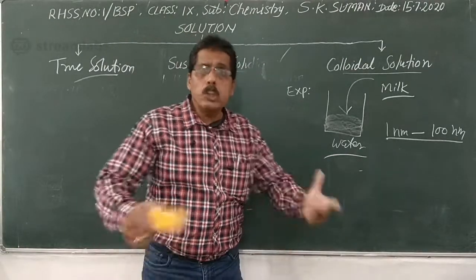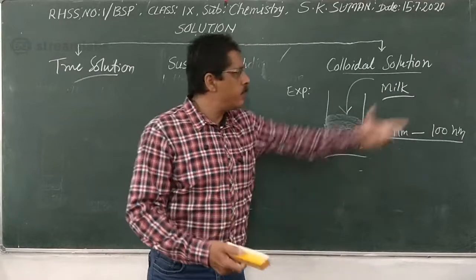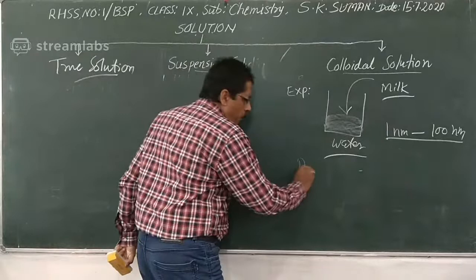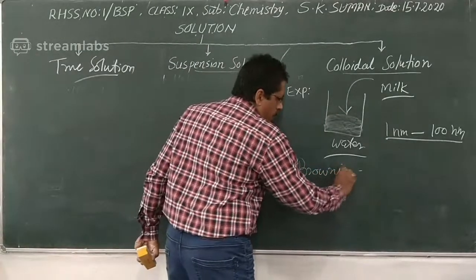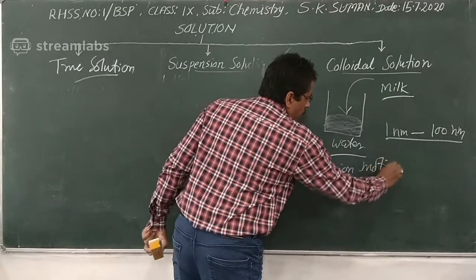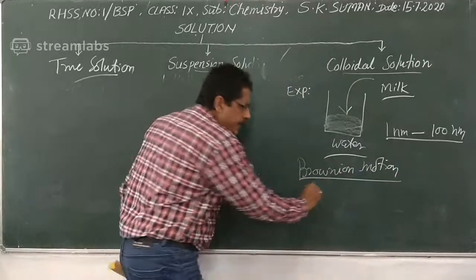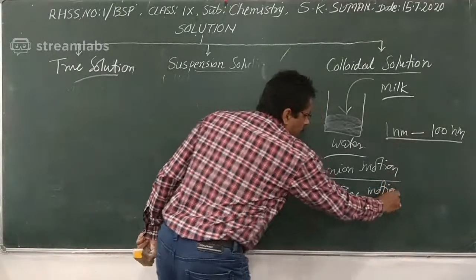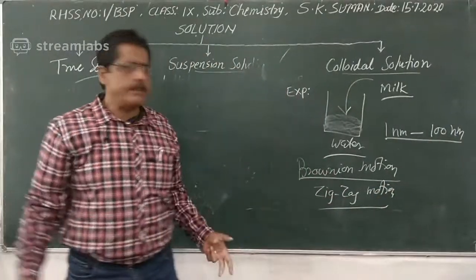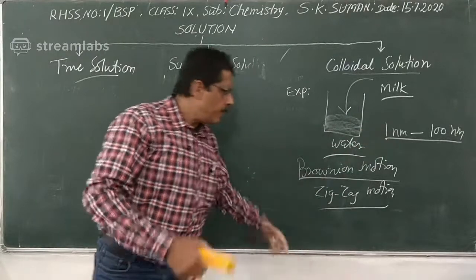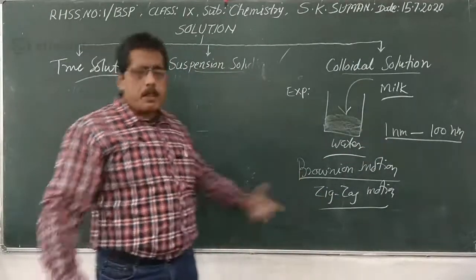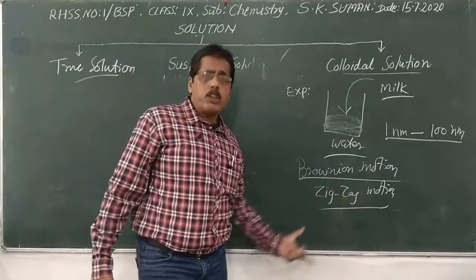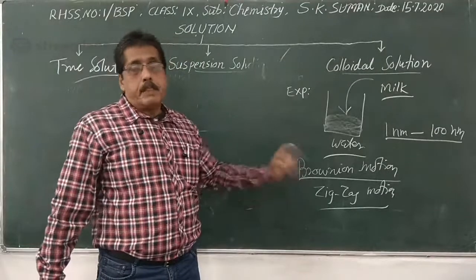You won't find any pattern. The milk particle, or the particle of colloidal solution, will be in Brownian motion, that is a zigzag motion, and this is the property of colloidal solution. It is neither homogeneous nor heterogeneous, okay, but it is a new type of solution called colloidal solution, and that was obtained by mixing milk in water, right.